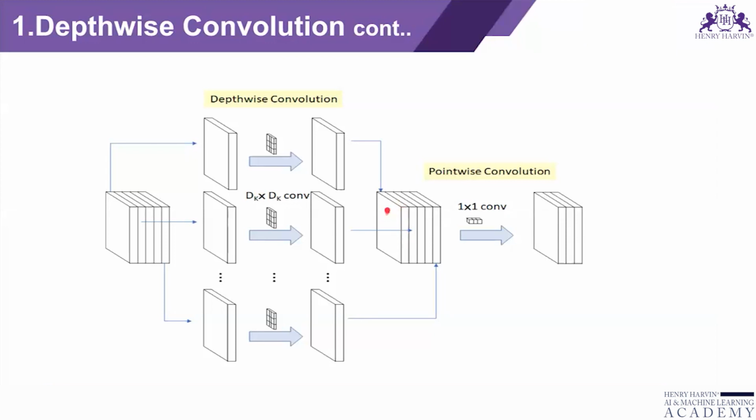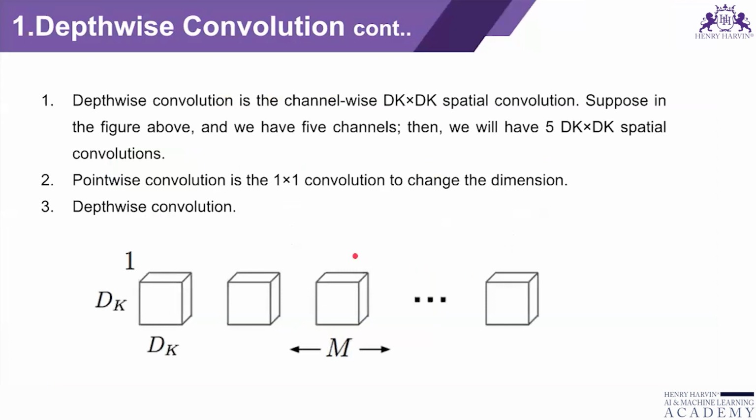Okay, the boxes are called layers. These are the input layer, these are the output layer, these are the hidden layers. Okay, these are hidden layers. There are some functions applied here. So you have to understand depth-wise convolution and point-wise convolution.